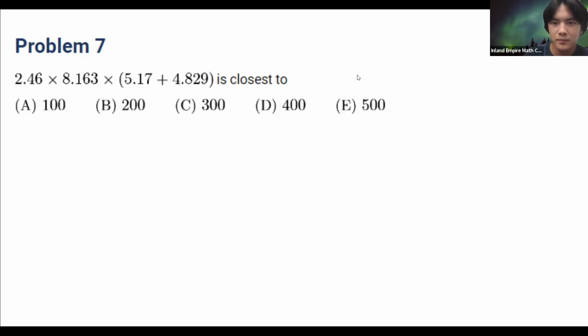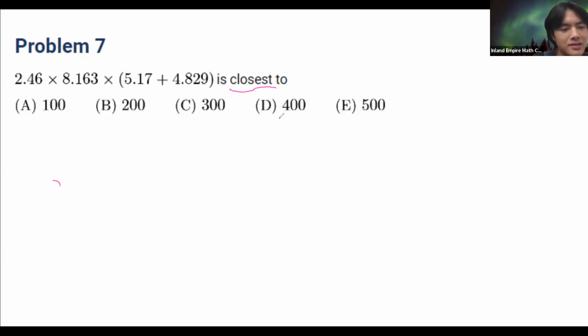Exactly. So I think some people were a little intimidated by this question because you see all these numbers, but when you see the word closest, that's telling you that it's an estimation question, right? So you don't have to look at all these numbers. What you would do is round these numbers to the nearest nice number, right?